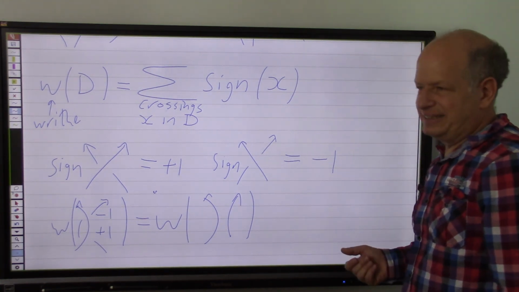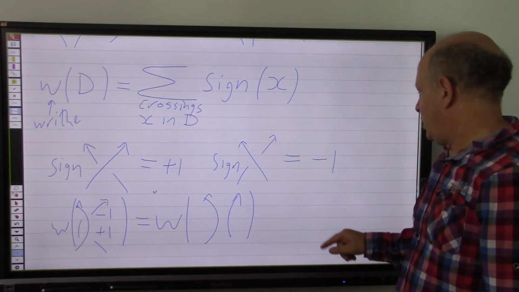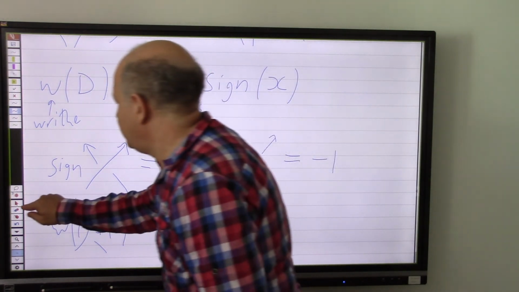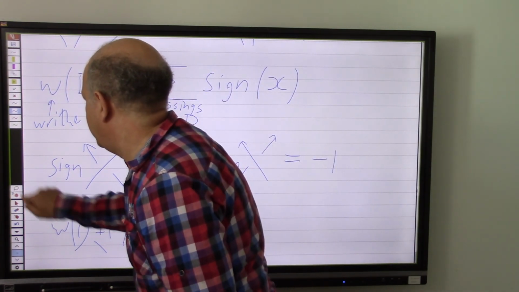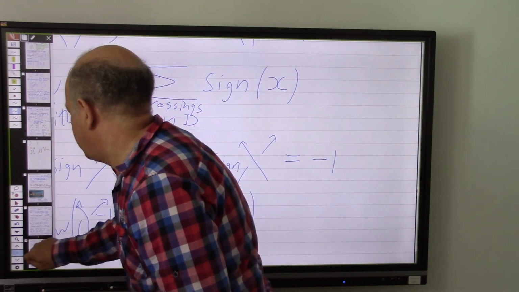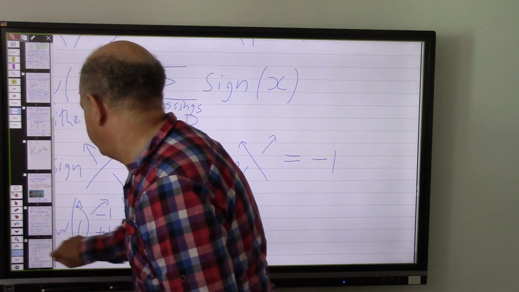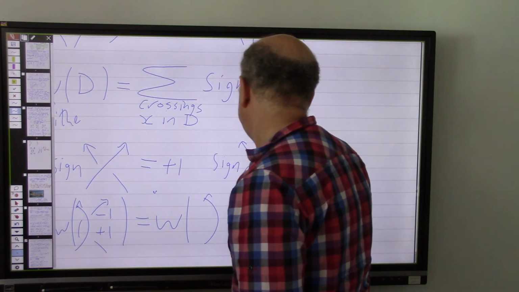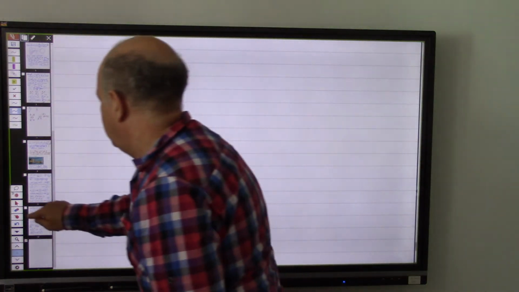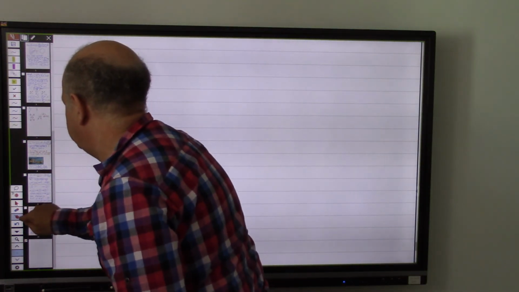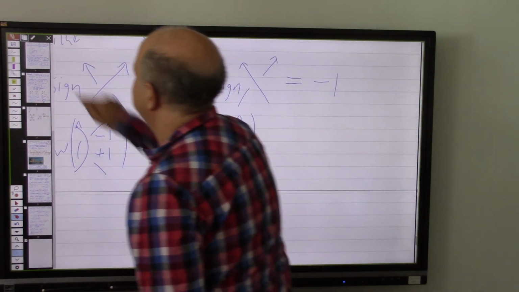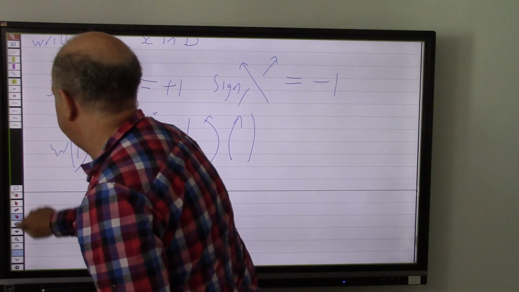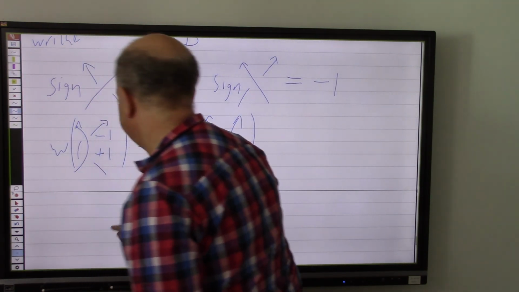What about Reidemeister 3? Let's write a Reidemeister 3 move.